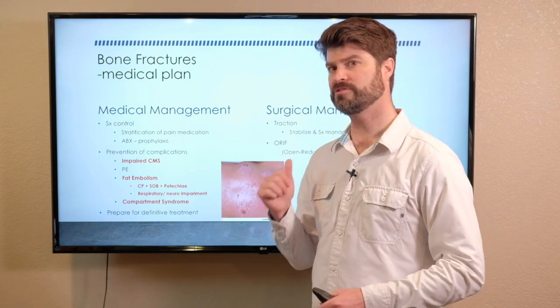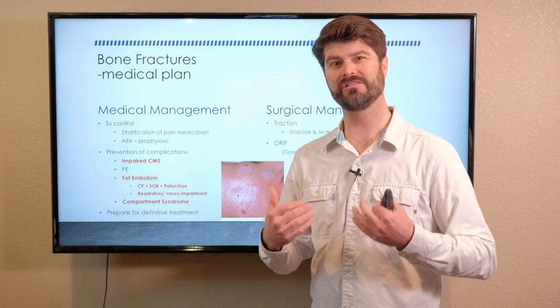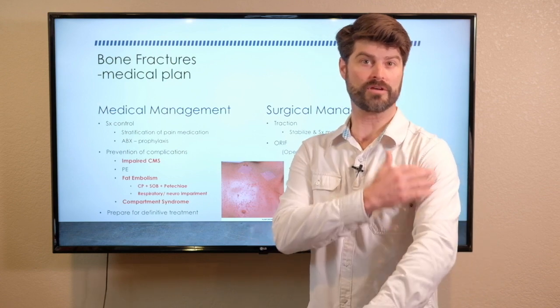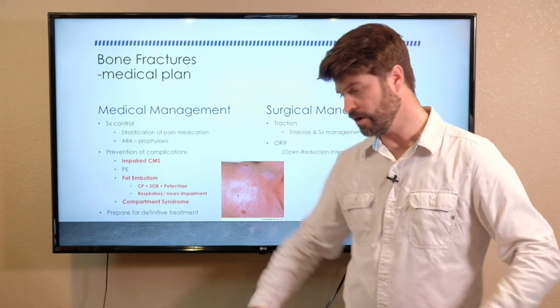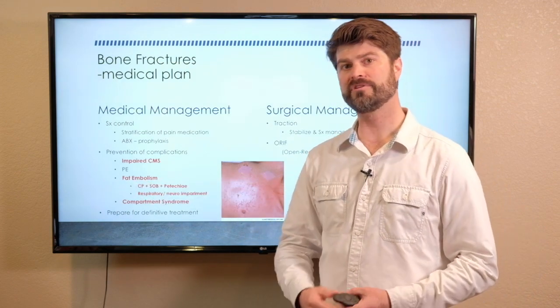One other one that's particularly unique to bone fractures, especially long bone fractures or any place where bone marrow development happens, like the humerus, femur, and parts of the pelvis, is what's called a fat embolism.